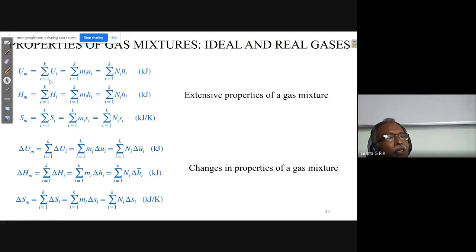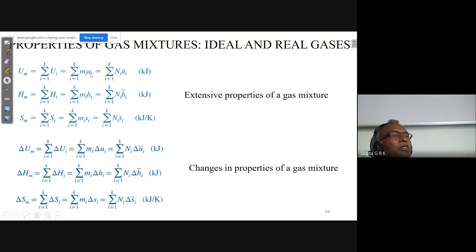If I combine them, the total internal energy is the sum of the independent internal energies. So this is sigma Ui. And if I write in terms of masses, mi into specific internal energy, ni into molar internal energy. Whenever I write the number of moles here, I have to put Ui bar.